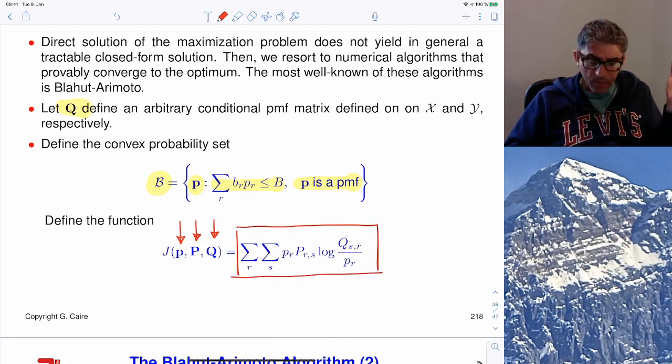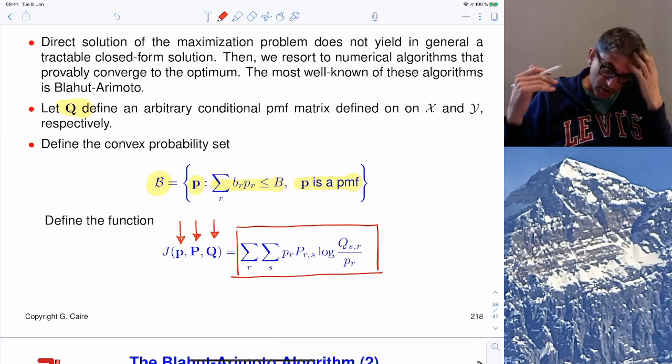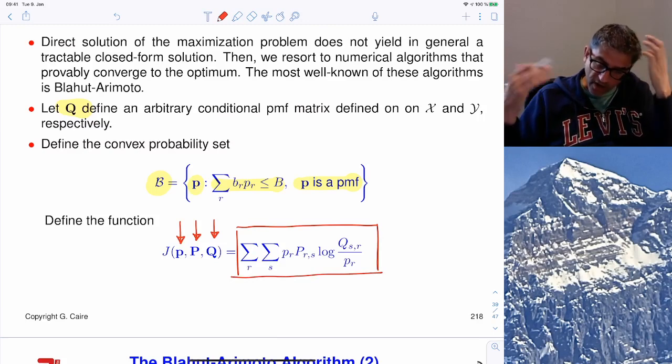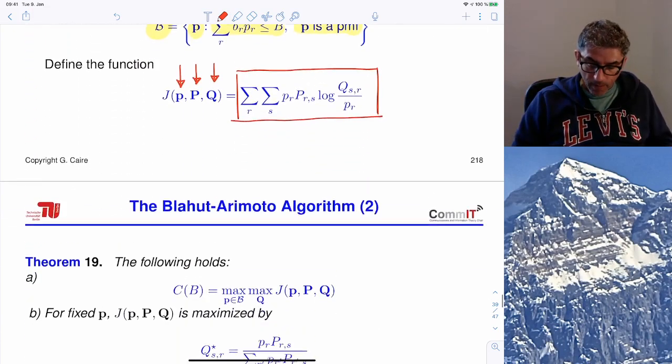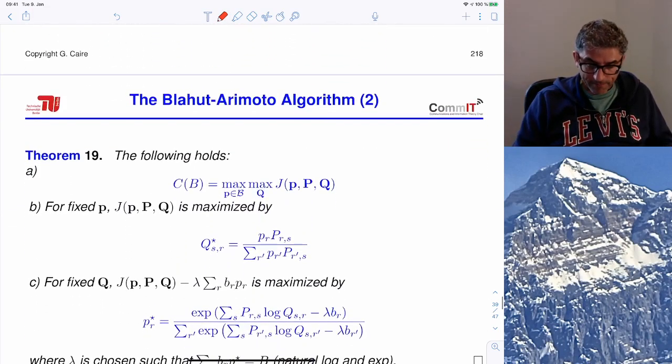So this seems like a complication because we have introduced these new variables, so we have augmented our problem, but it turns out that one can show that the capacity cost function can be given as a double maximization of this function. It is the max over the probability vector p, max over the probability matrix Q of this new function.